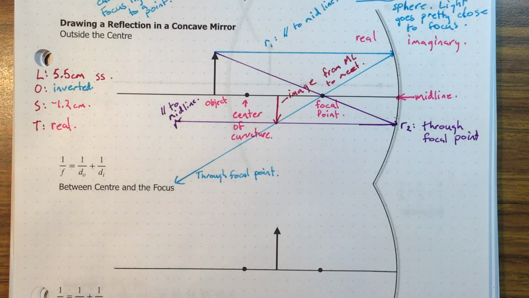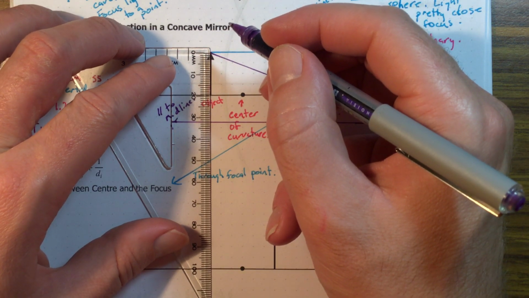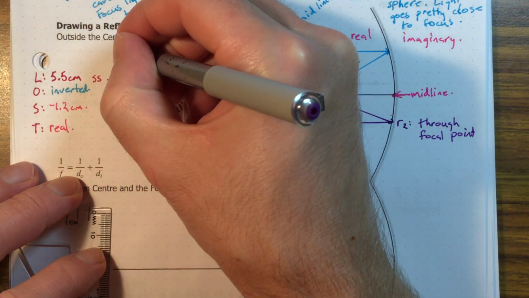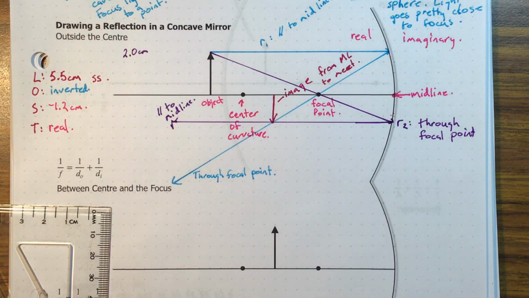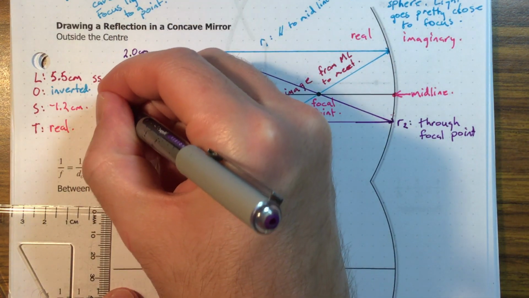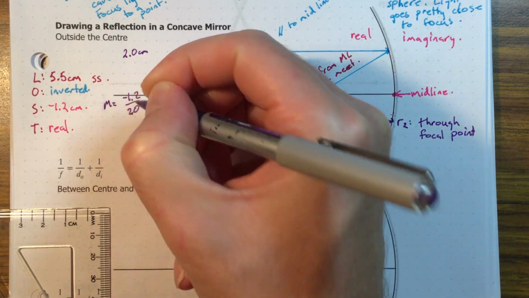Now we can figure out the magnification here. So let's look at our original image. Original image is 2 centimeters. So what is our magnification? Our magnification is equal to negative 1.2 over 2 centimeters.